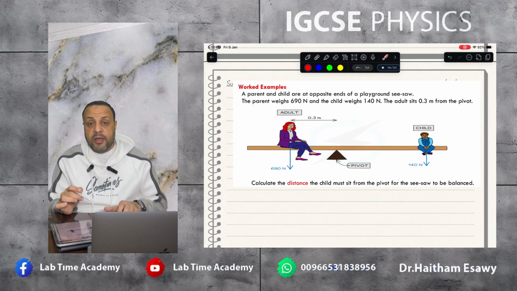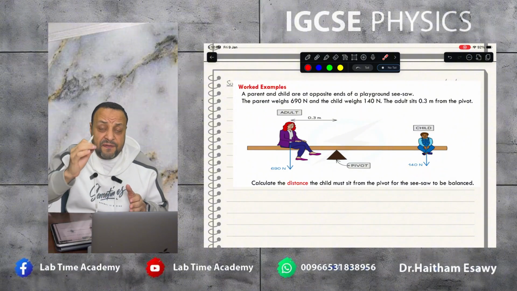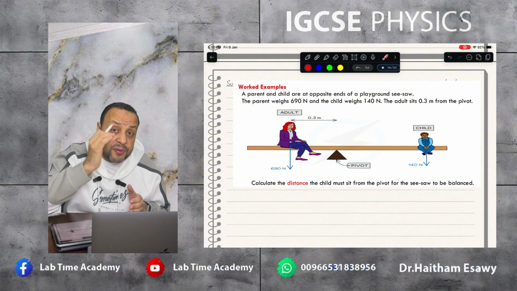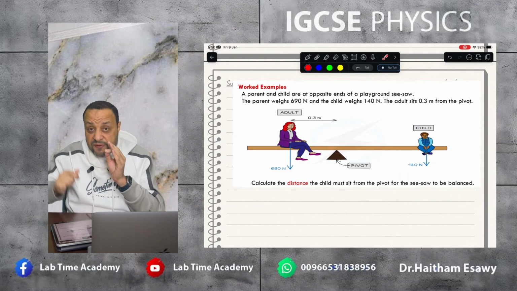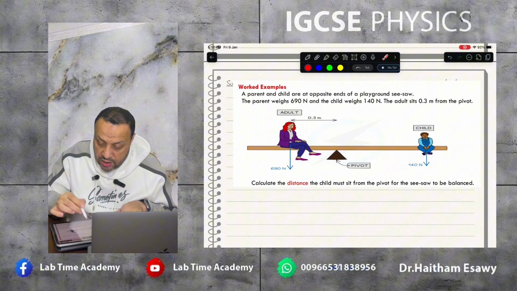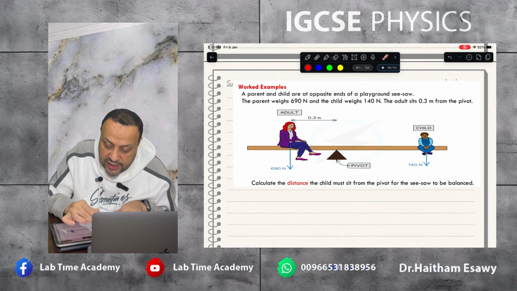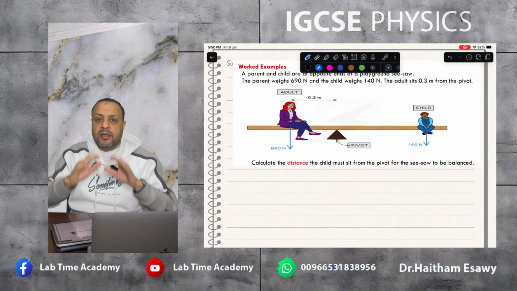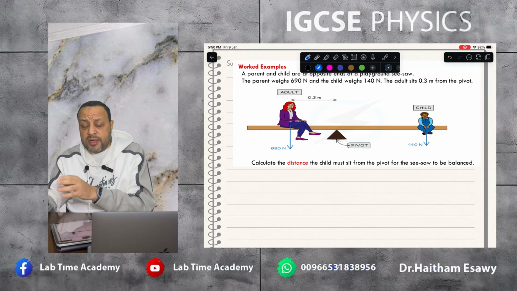As I said, if you want to answer questions and problems of moment of force, first you have to mention the position of the pivot, because the distance will be between the force and the pivot. So here, where is the pivot? This is the pivot. He gave you the pivot. So we have to use the principle of moments, which states that total clockwise moments equal the total anti-clockwise moments.